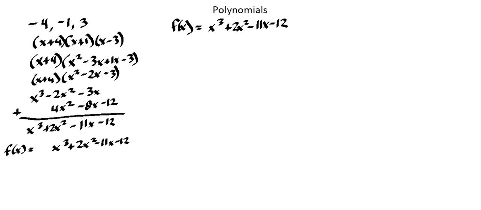We want to consider all of the factors of -12, and those are going to be 1 and 12, as well as 2 and 6, as well as 3 and 4. And in all cases, I could have positive or negative values.